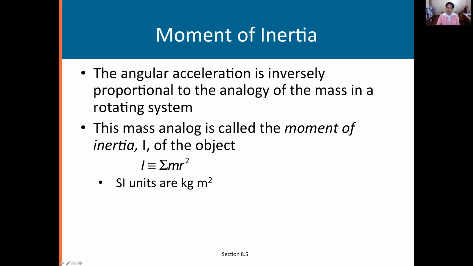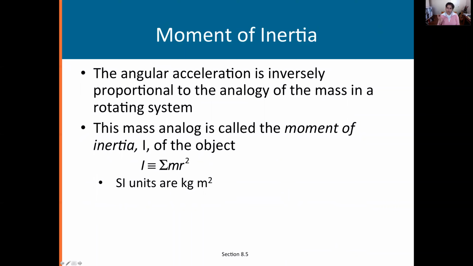So a little more about moment of inertia. In general, moment of inertia is defined as the summation of m r squared, where m is the mass of the objects, r is the distance from the axis of rotation, and we're going to square that. So the units are going to be kg meter squared, okay?